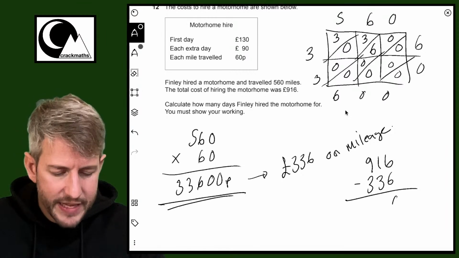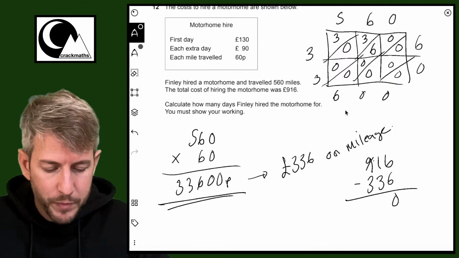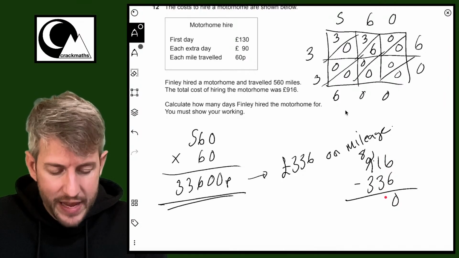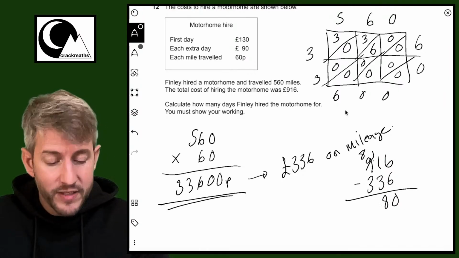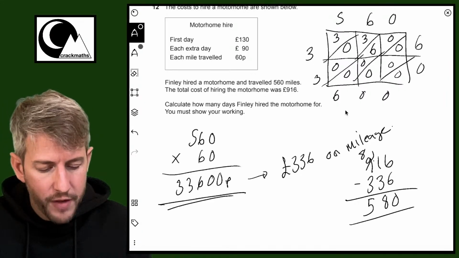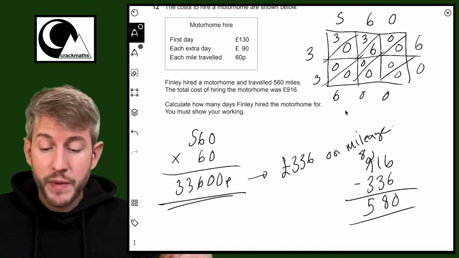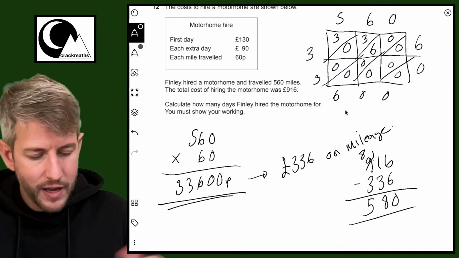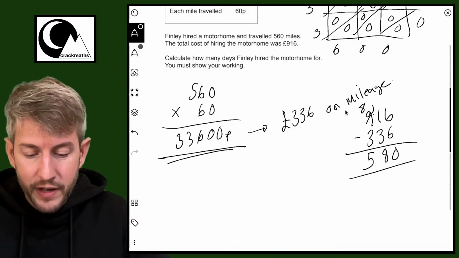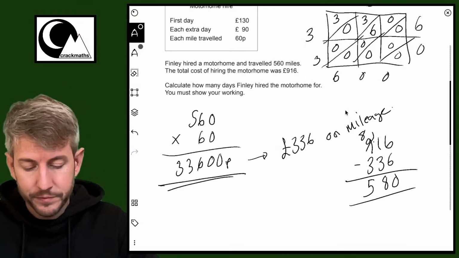It's going to be 0 here. We'll have to borrow from there. 11 take away 3 is 8. 8 take away 3 is 5. So there's going to be £580 left that has been on hire. Now we can take away the first day.